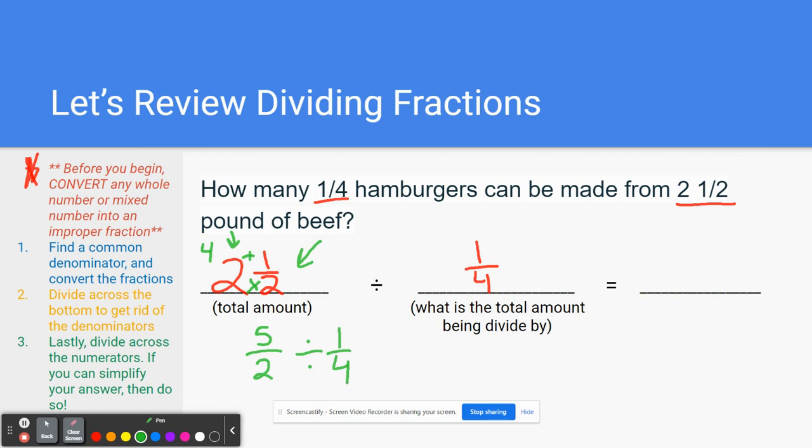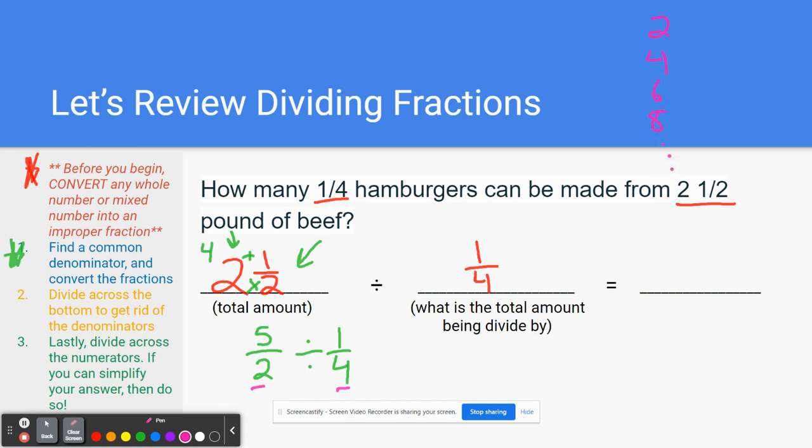So what we need to do now is find a common denominator and convert our fractions accordingly. We see that 2 and 4 are not the same. We're going to find a common denominator by finding the least common multiple. What is a number that both 2 and 4 go into? Let's start off by listing out the multiples of 2: 2, 4, 6, 8, and so on.